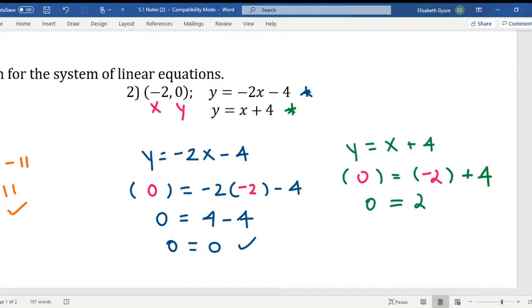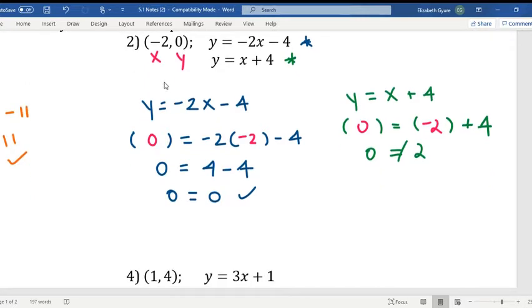Ladies and gentlemen, does 0 equal 2? No. So this worked for one of them, but it didn't work for the other one. So what do you think we would say? This one, no. If it doesn't work for one, then it's just a no. This one is not a solution. Good.